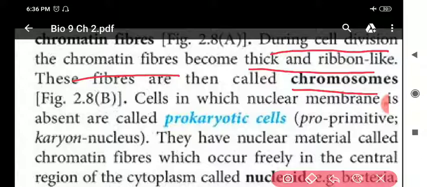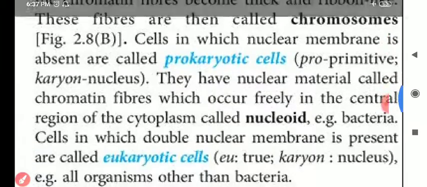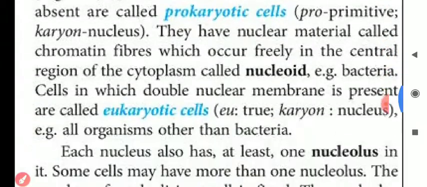Clear. Now there are two types of cells, prokaryotic cell and eukaryotic cell. The cell in which the nuclear membrane is absent is called a prokaryotic cell. So in the prokaryotic cell, my dear students, the nuclear membrane is absent. Next, further you can see eukaryotic cells.